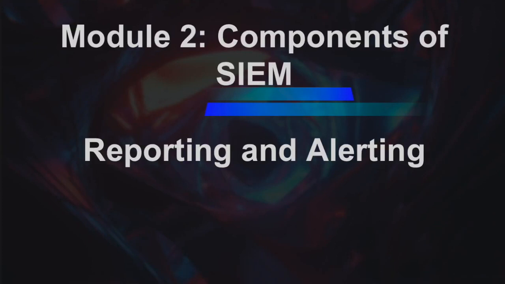Now the fifth component is reporting and alerting. Reporting and alerting are important components of a SIEM solution as they enable security teams to quickly identify and respond to potential security incidents.